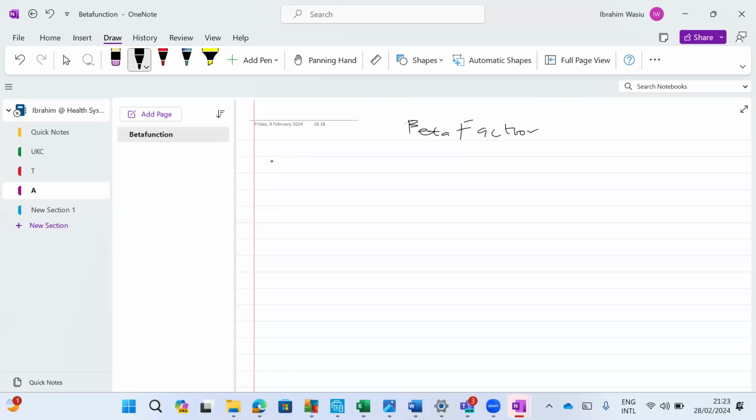Okay, so beta factor is actually the systematic series, or let's say beta itself is the measure of systematic risk that faces security in the market. Okay.